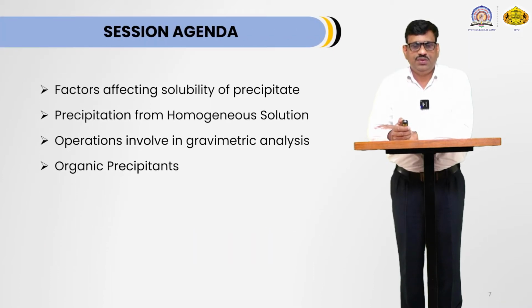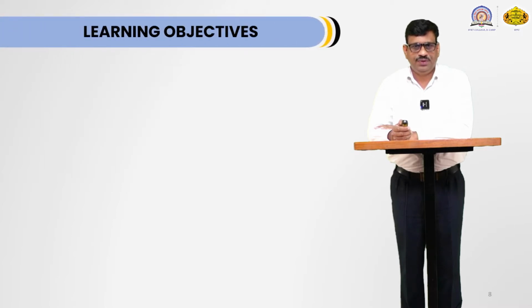Now in today's lecture, we are going to see the different factors that affect the solubility of precipitate. Then we are going to see precipitation from homogeneous solution, different operations that are involved in gravimetric analysis, and finally some organic precipitants.